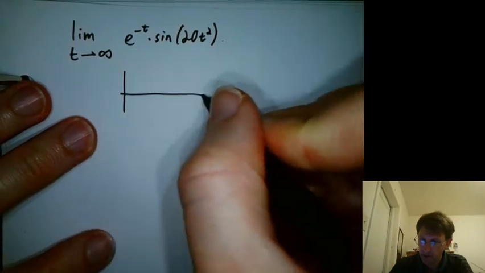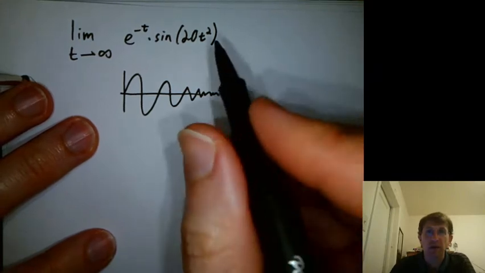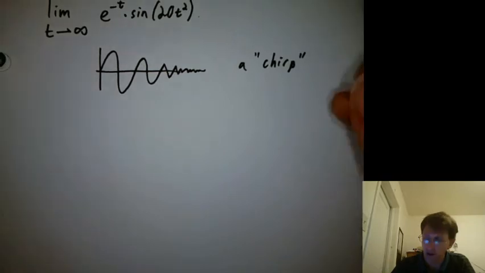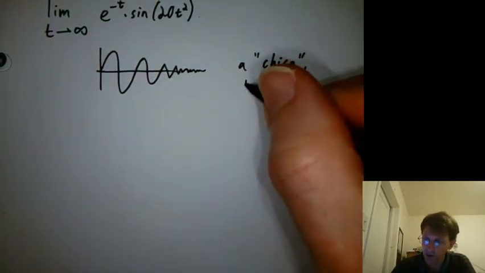All right, so we saw its behavior was something like this. What can we say about that limit as t goes to infinity? So this was a chirp in terms of frequency, but then also getting quieter.